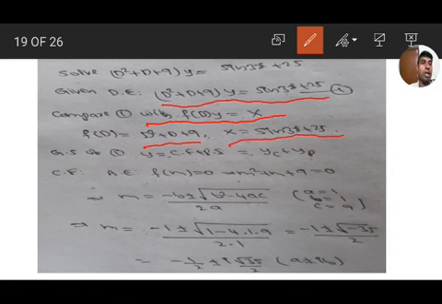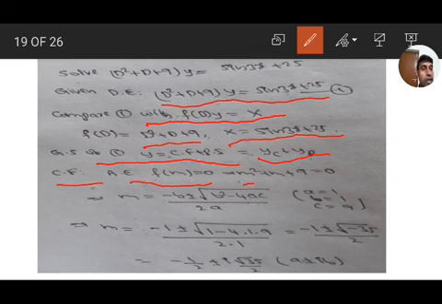The complementary function is the solution of f of d of y equal to 0. The auxiliary equation is f of m equal to 0, that is m square plus m plus 9 equal to 0.